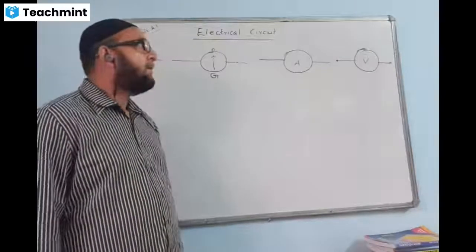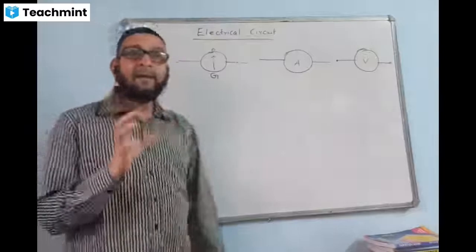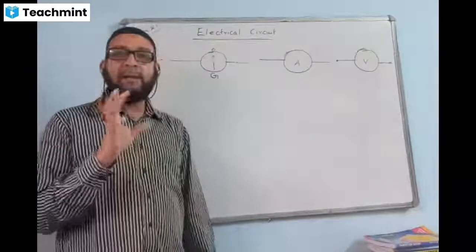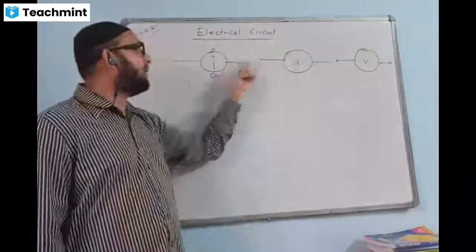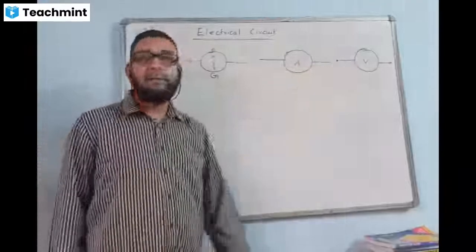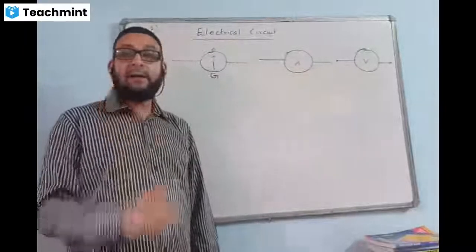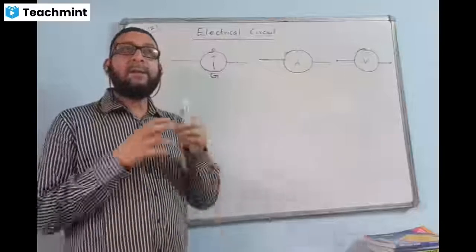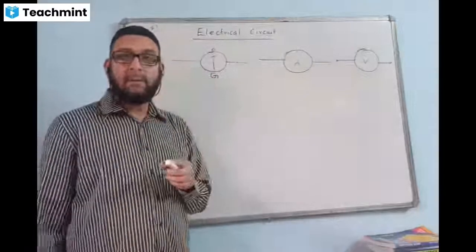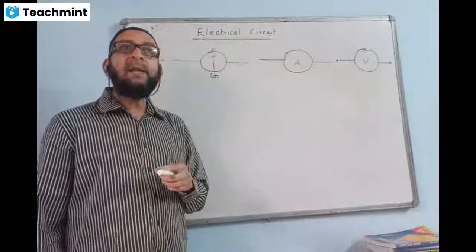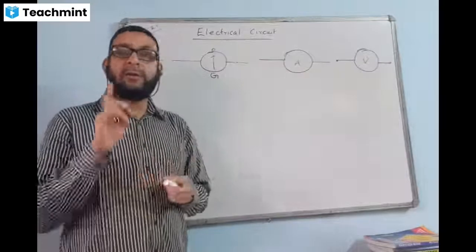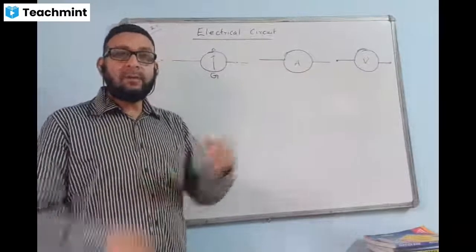Okay. Now, these two devices are current concerning, and this one is voltage concerning. Any current related device is always connected in series, and they should have as low resistance as possible. They should not obstruct current.